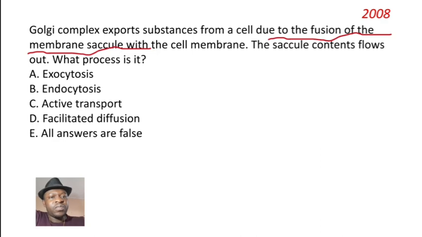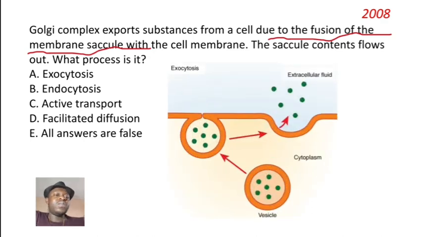These are your keywords: fusion of the vesicle membrane and the membrane of the cell. Here you can see your vesicle with contents. Here you can see fusion, and then here you will see release. So this one is exocytosis. The answer is exocytosis.